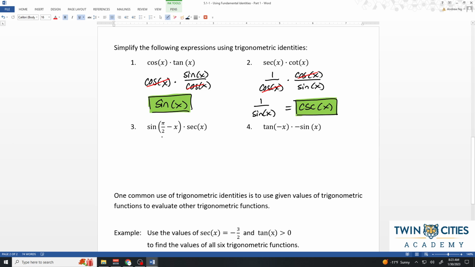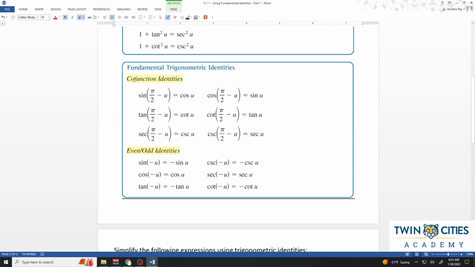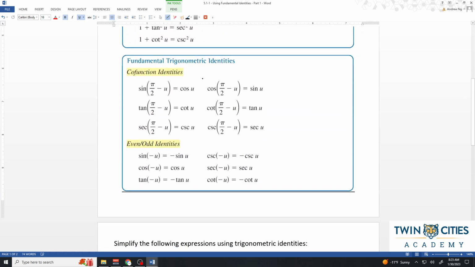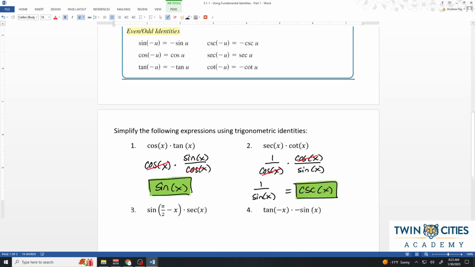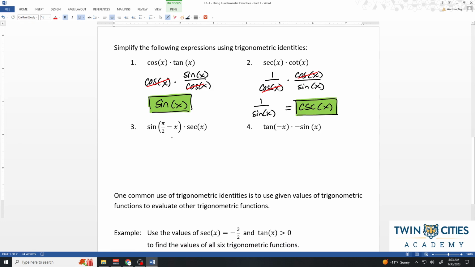All right, number 3: sine of pi over 2 minus x times the secant of x. Well, we saw earlier that whenever I've got this pi over 2 minus x, I'm going to refer back to these cofunction identities. So the sine of pi over 2 minus u equals cosine of u. Well, instead of u's, I'm using x's here.